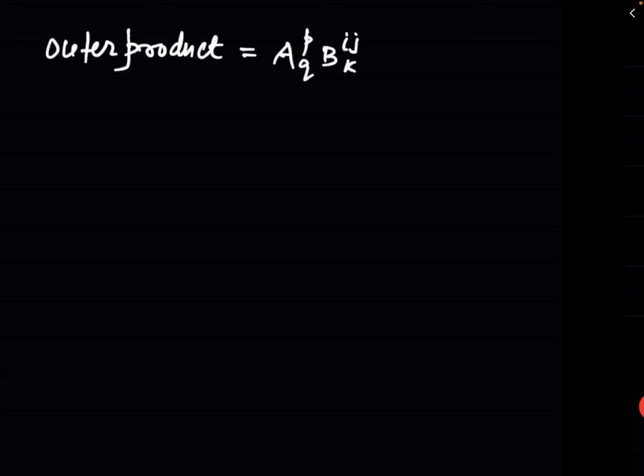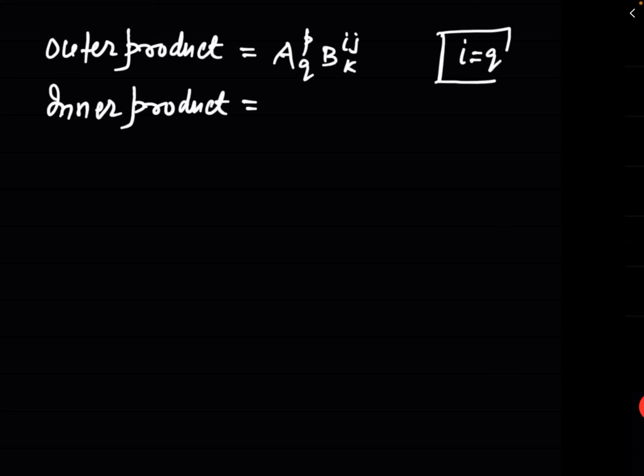And now we will apply the process of contraction to get the inner product. So if you want to find the inner product of these two tensors, then what we will do? We will set equal one contravariant index and one covariant index. So let us put here I equal to Q, or you may also take J equal to Q, anyone you can take.